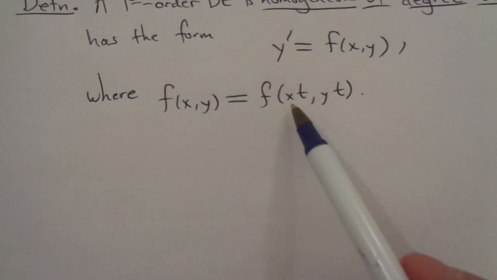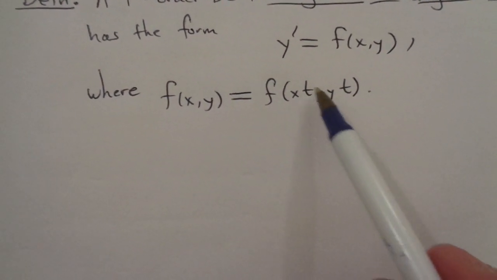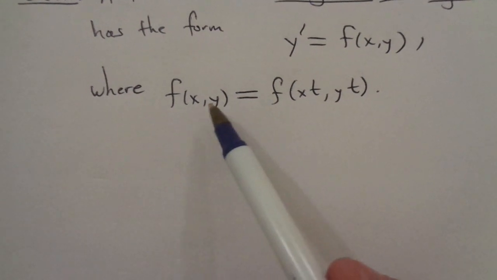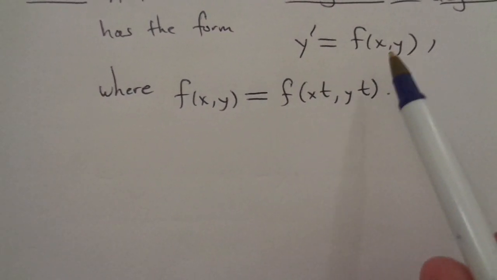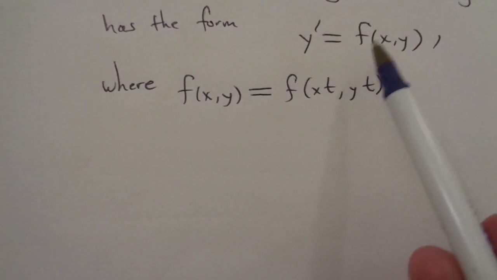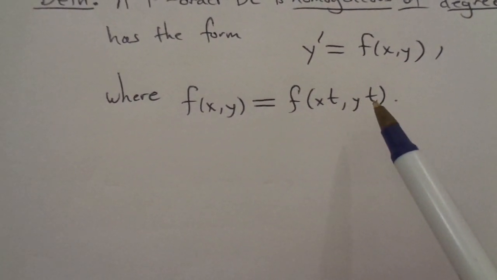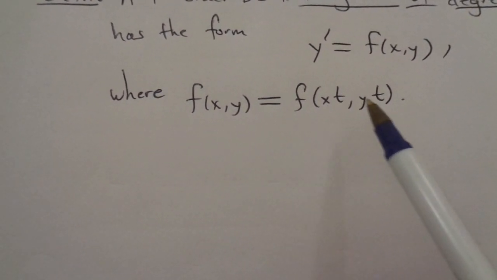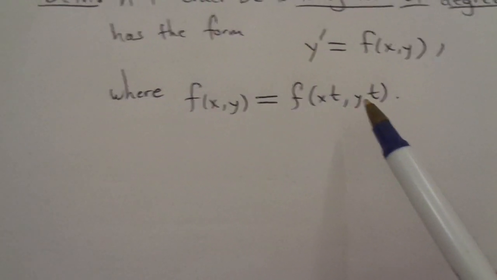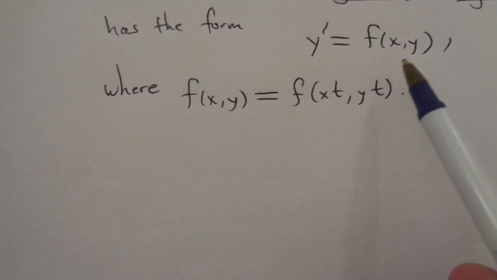What this really means is that as you're inputting the x and the y into the function that's occupying the right-hand side of the differential equation, imagine putting a t next to every single x and every single y that you see in the expression on the right-hand side.